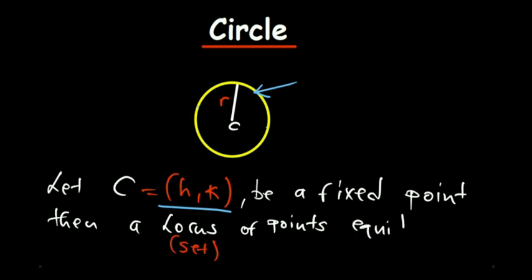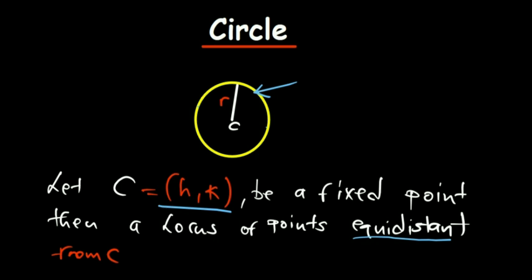Equidistant means equal distance. There are a few important things here. First of all, the center should be a fixed point. Then a locus of points, or a set of points, are equidistant, or of equal distance, to a fixed point center, so equidistant from C.